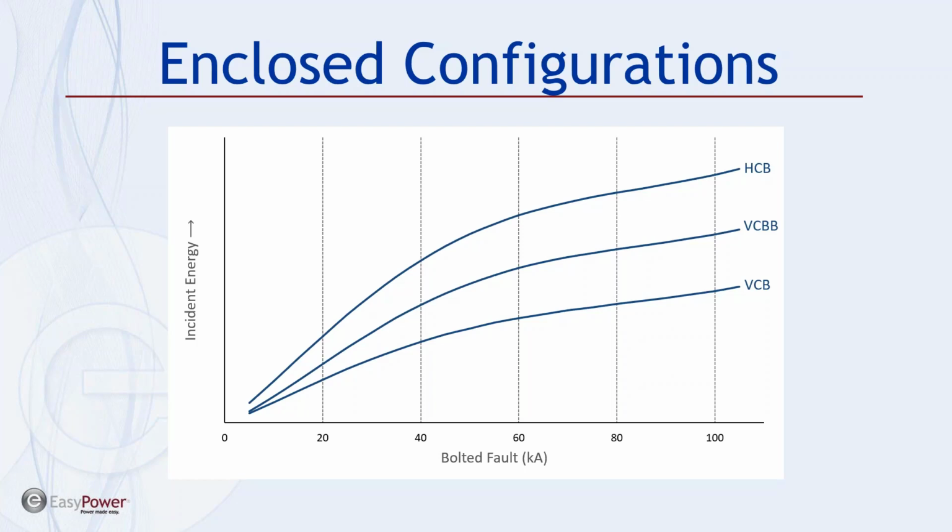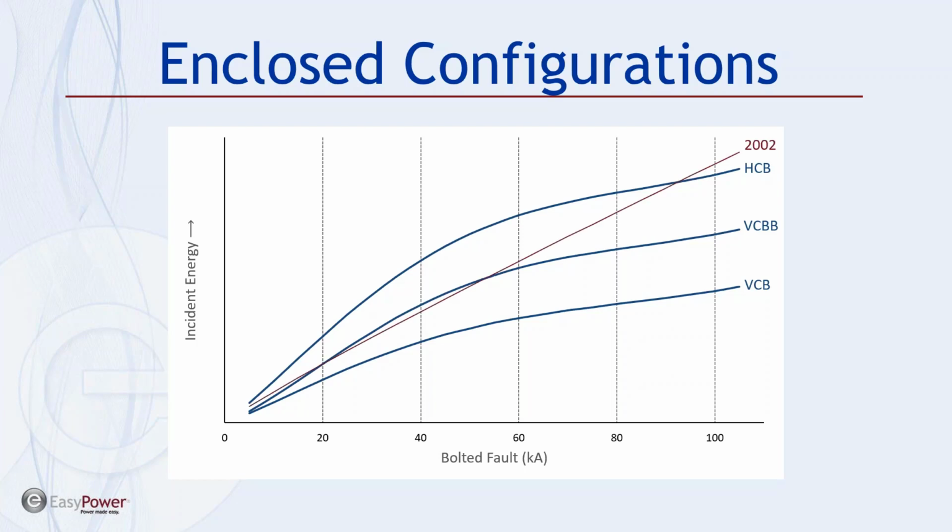Because of the higher current, the incident energy now becomes greater for the horizontal in a closed box, a little bit less for the vertical terminated into a barrier, and then the lowest incident energy when we're plotting against bolted fault current is a vertical in a closed box.